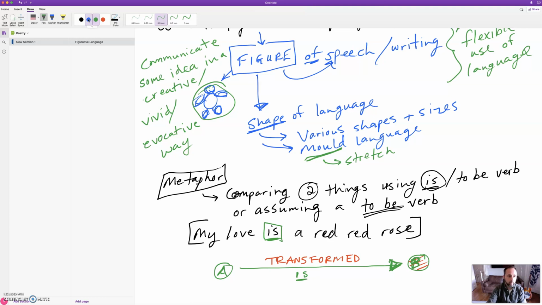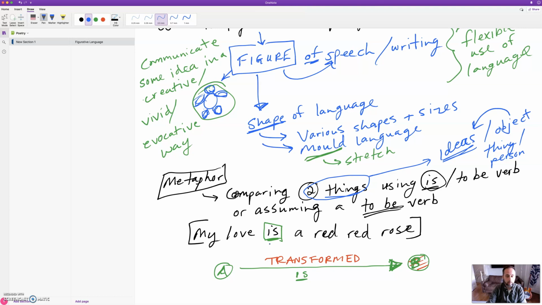So what two things are being compared in this metaphor? Okay, these two things can be ideas. It's usually an idea and an object or thing or person. But there's some idea that is transformed, or the object might be transformed into the idea and vice versa.